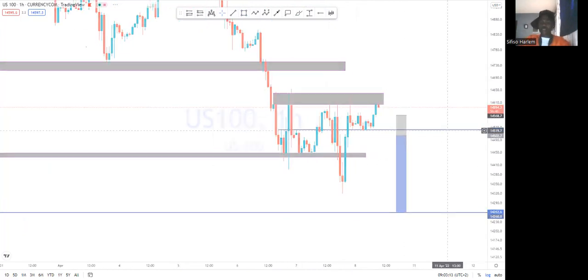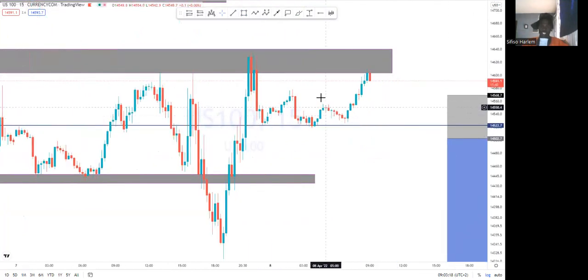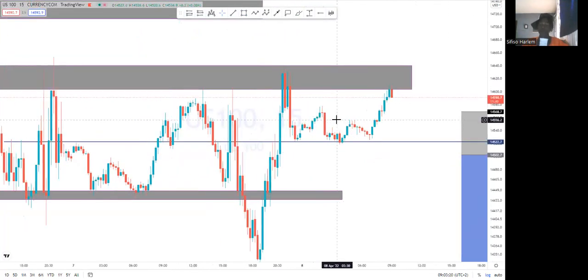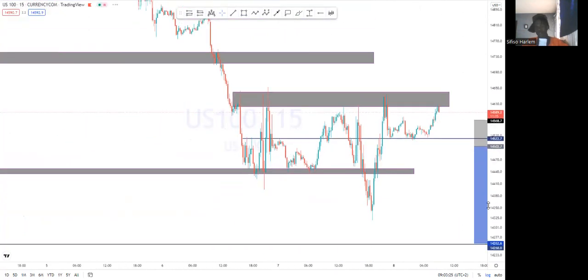So looking at the 15-minute chart, price is clearly at the level which it reacted from yesterday and previous days. But literally, price is just moving sideways.